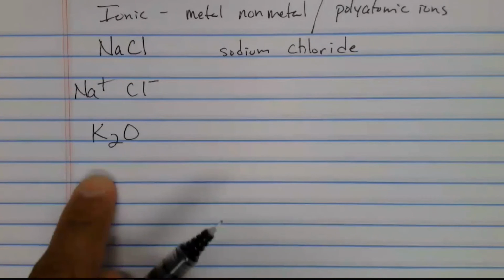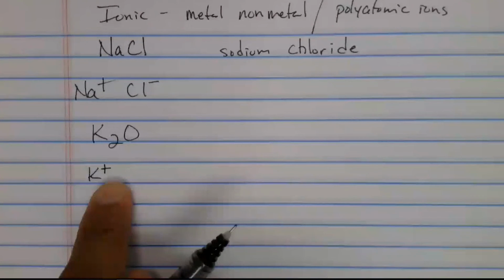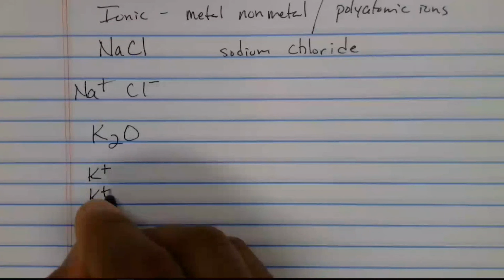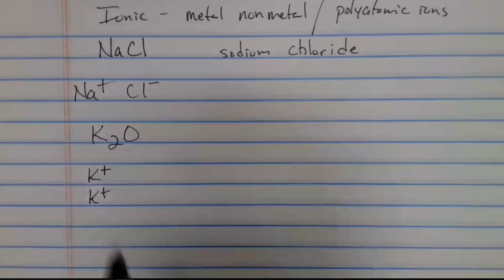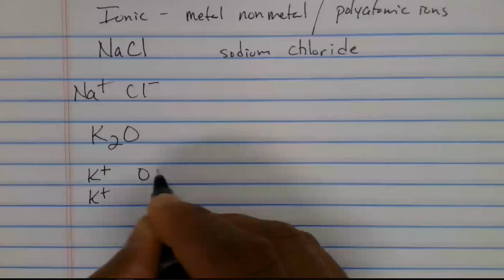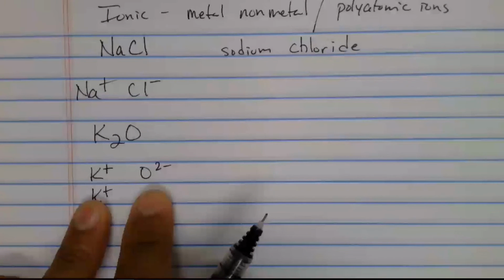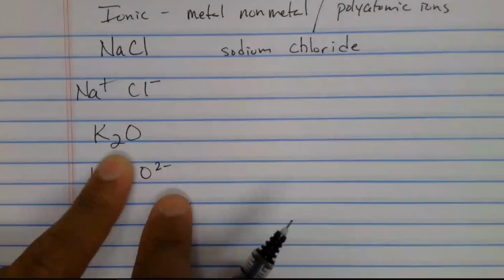The charge on a potassium is a +1 always. You see that there's two of them. So you have to write the subscript 2 because oxygen is a 2 negative. The ratio here is 2 to 1. There's two potassiums for every one oxygen.